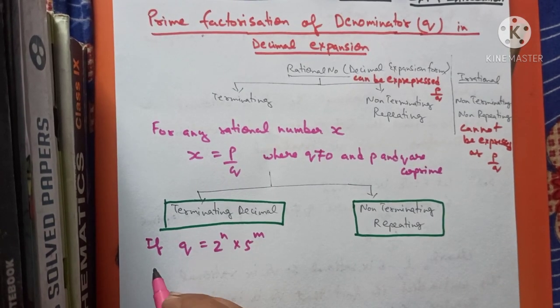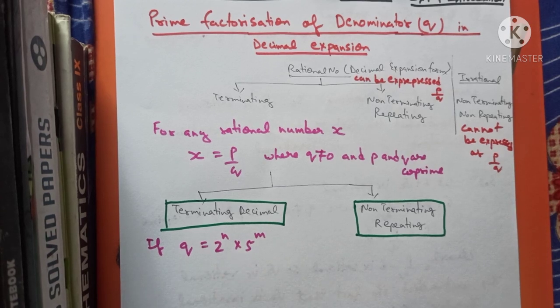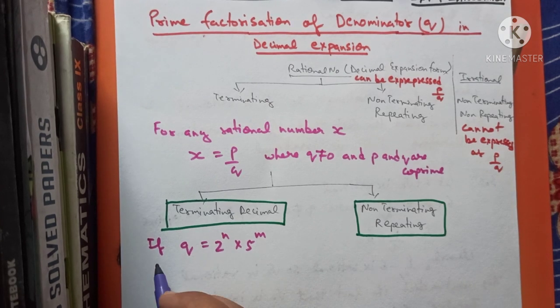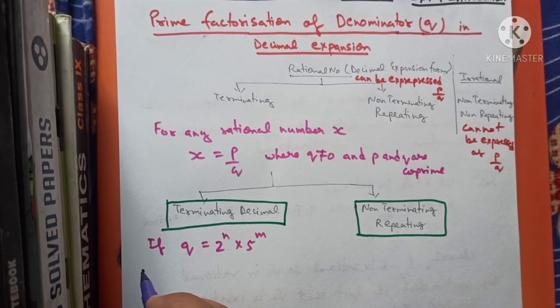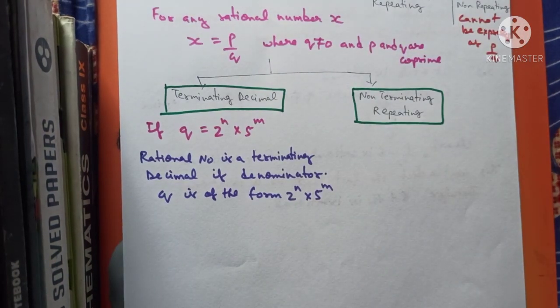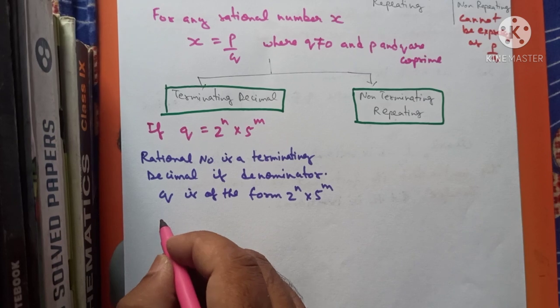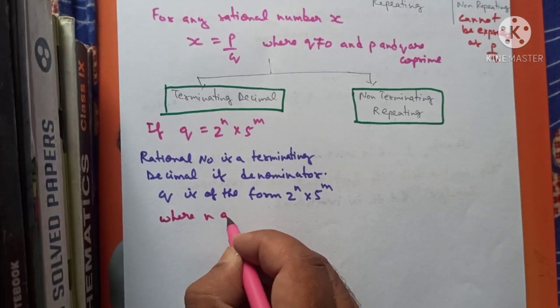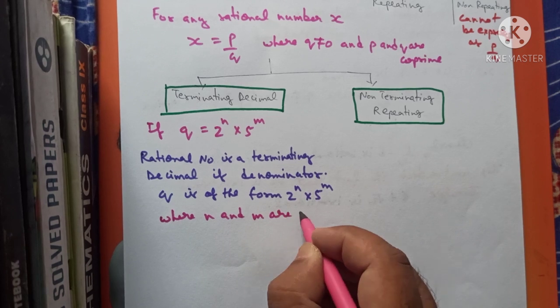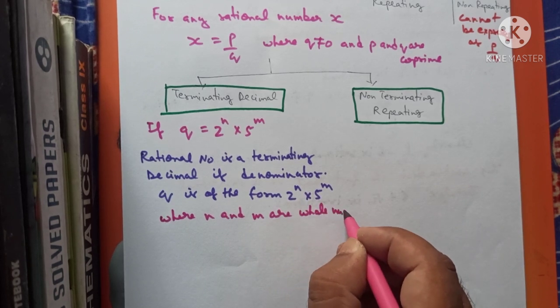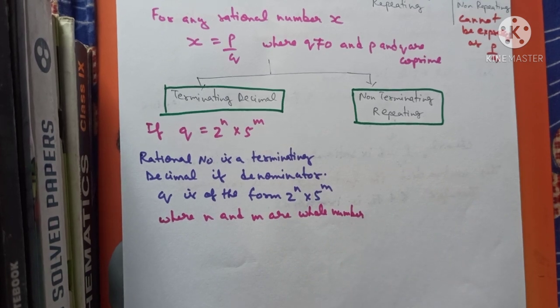If we want to write it in statement form: any rational number is a terminating decimal if denominator q is of the form 2 raised to power n into 5 raised to the power m, where n and m are whole numbers. Whole numbers include all the positive integers as well as 0.